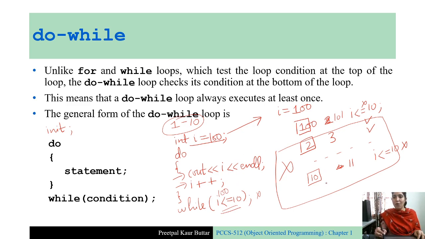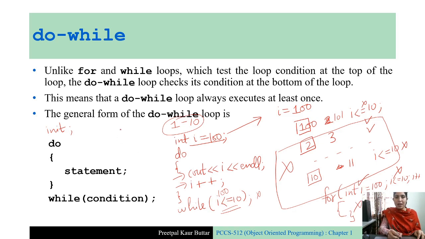But in case of for and while loops, the condition is tested at the beginning. So if we have for int i equal to 100, i less than equal to 10, i plus plus, what will happen? i will be initialized to 100 and then testing will take place. 100 less than equal to 10, this condition is false. So the body of the loop will not be executed. The same thing will happen with the while loop.